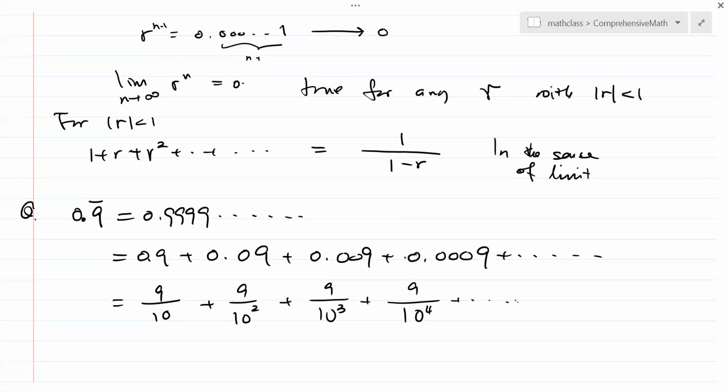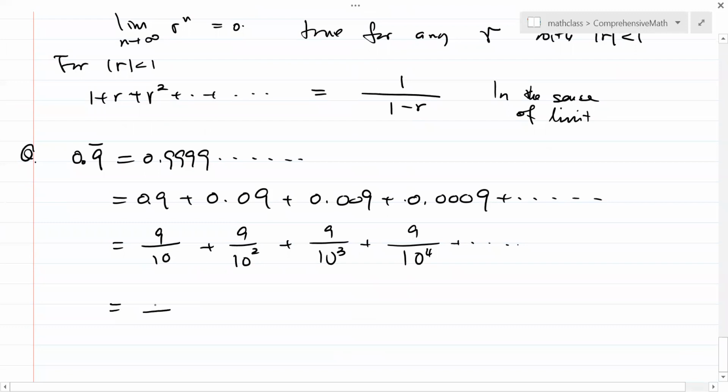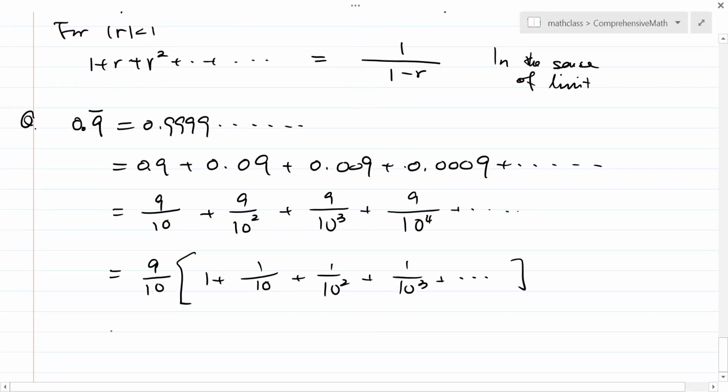Can I find the sum using the above formula? I can. I take 9 over 10 out, and each term becomes 1 over 10, 1 over 10 squared, 1 over 10 cubed. Here r is 1 over 10. According to the above formula, it's going to be 1 over 1 minus 1 over 10.